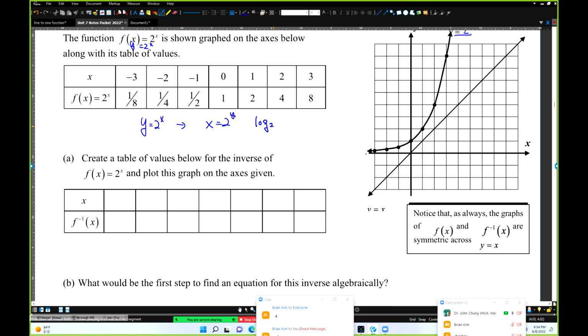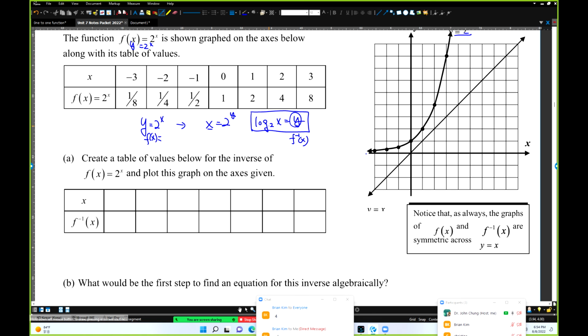Log base 2 of x equals y, or y equals what? Log base 2 of x. That's the inverse. This is f inverse of x, and this is the original graph f. So this is the inverse of this exponential function.